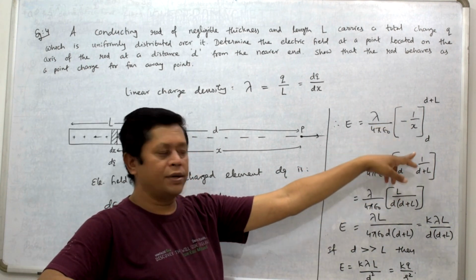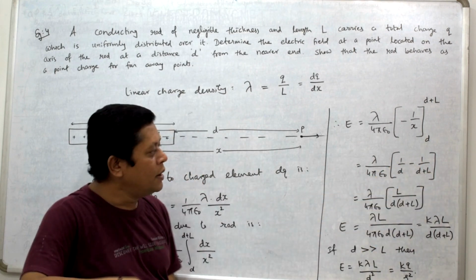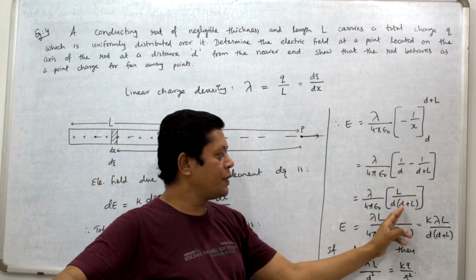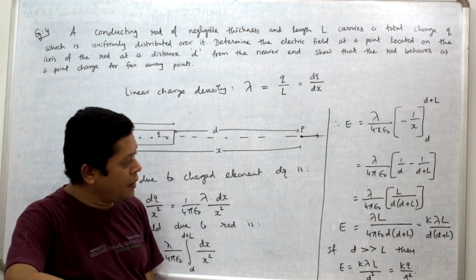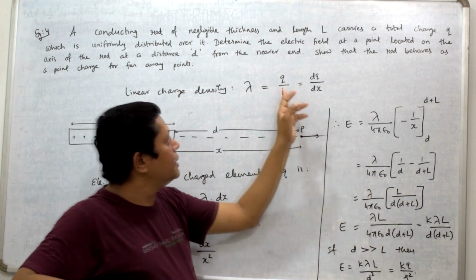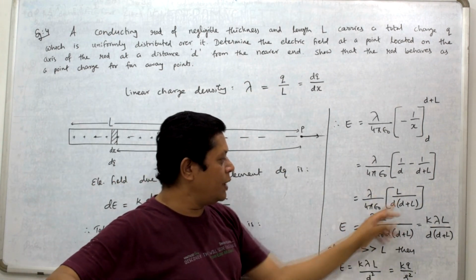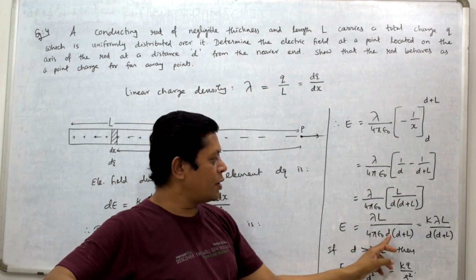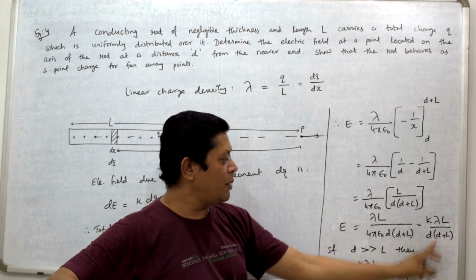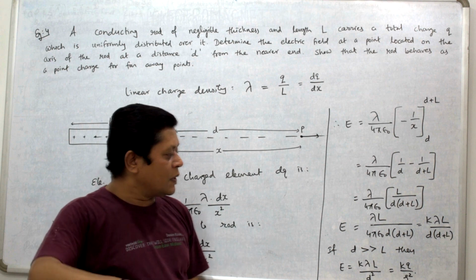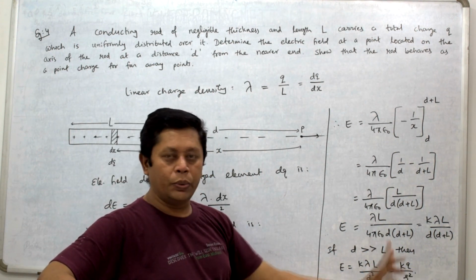Final limit minus initial limit, with the negative sign, gives 1 by d minus 1 upon d plus L. Taking the cross product, you can write the result as L upon d into d plus L. Lambda into L is the charge Q, so this is lambda L upon 4 pi epsilon naught d into d plus L. Since 1 upon 4 pi epsilon 0 is k, it is k lambda L upon d into d plus L, and this lambda into L we can also represent as the symbol Q.